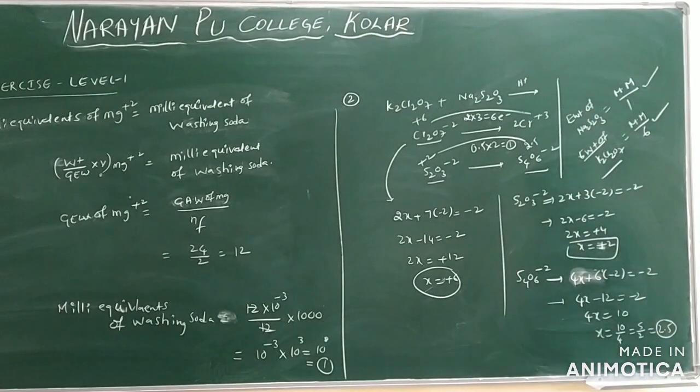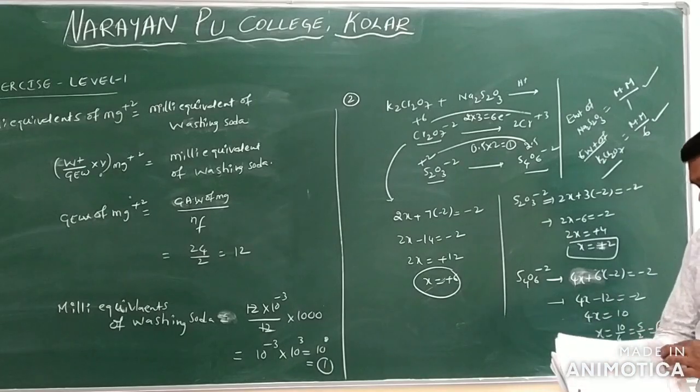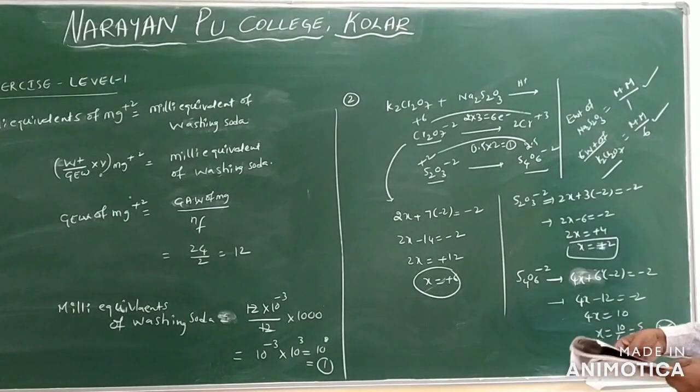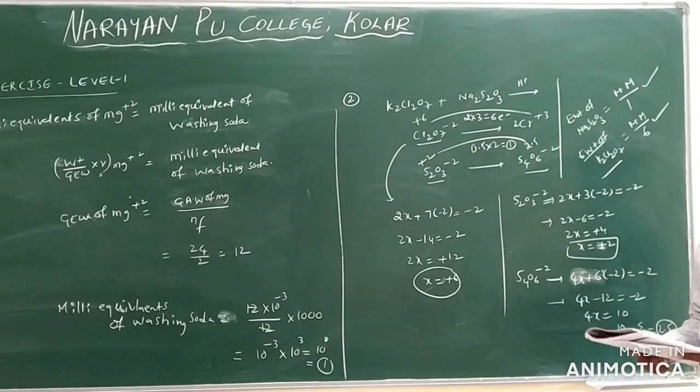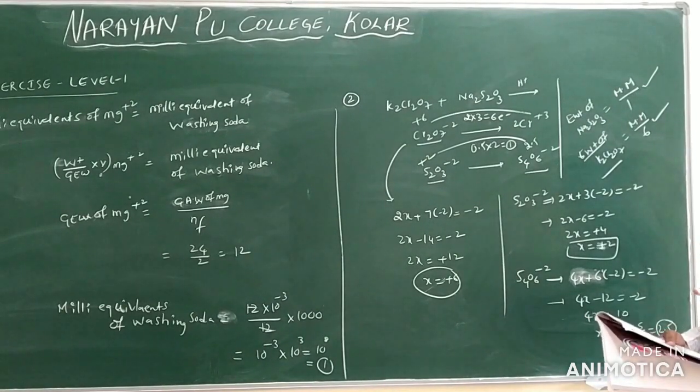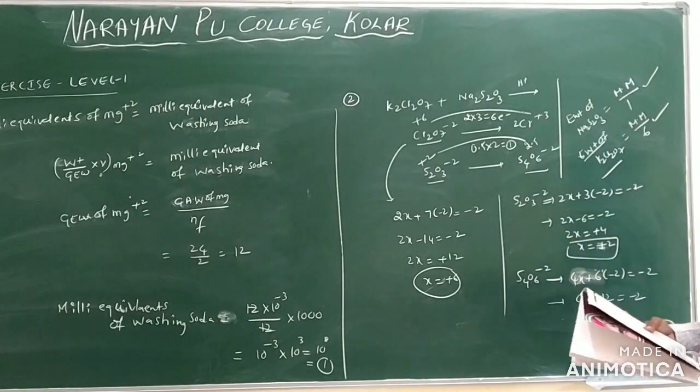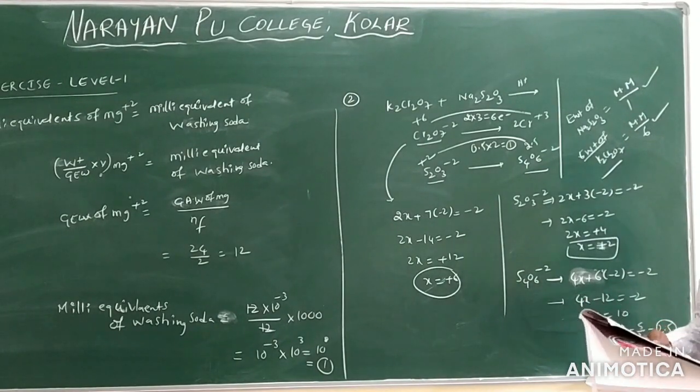You check the options here. What answer is given for this question number 2? In your answer key, they have given option 3 only, which means M by 6 is given. If they have taken M by 6, that is the equivalent weight you can write for K2Cr2O7. Otherwise, from the question, the answer is M by 1. You will take option 4 for this question only.